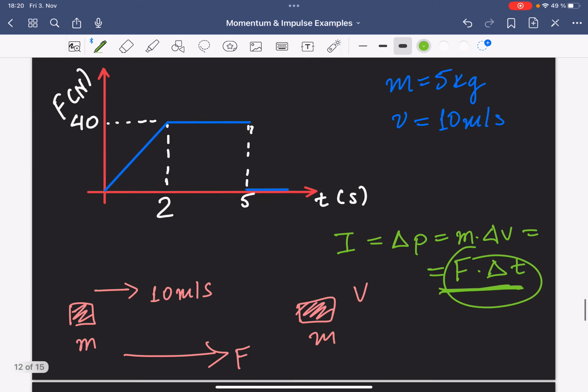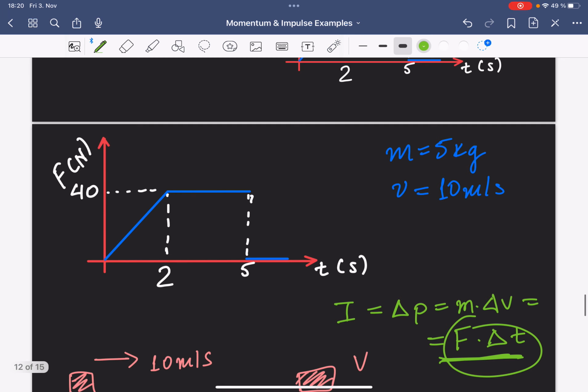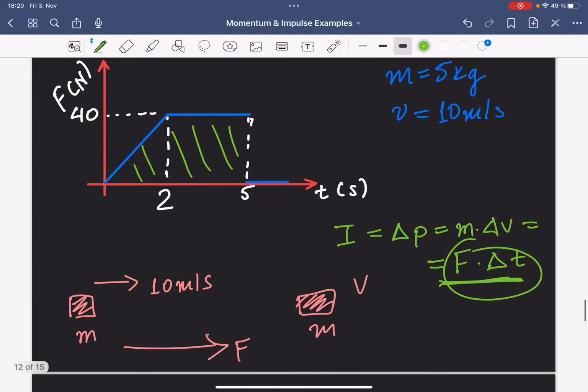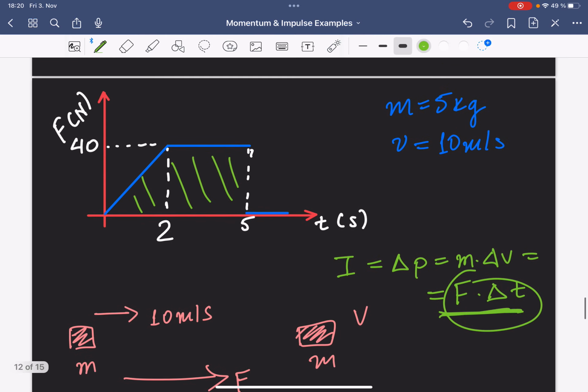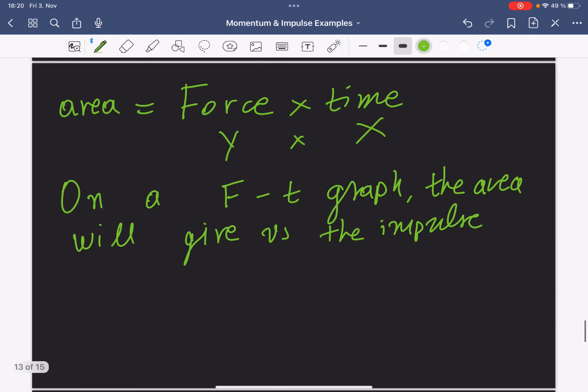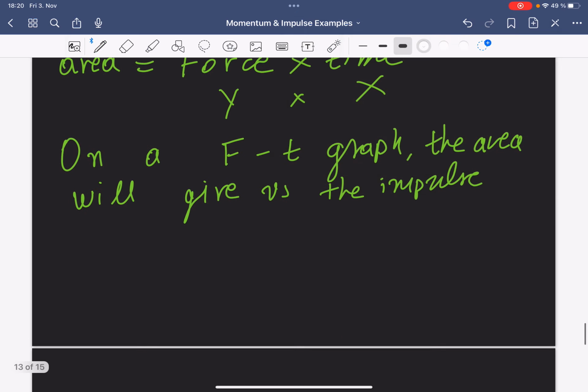So basically what we have to do for A is calculate the area of this shape here. You can either do it as 2 different shapes, so a triangle and a rectangle, or you can also see it as a trapezium, and that's what I will personally do.